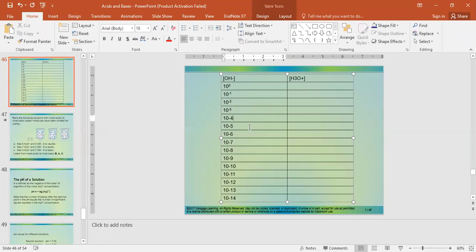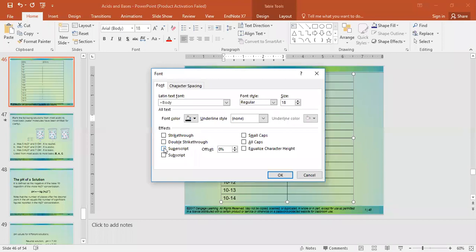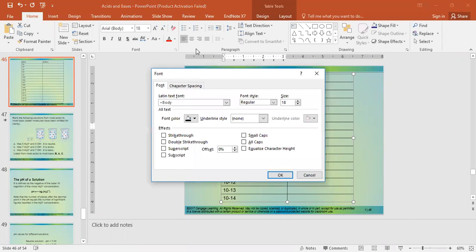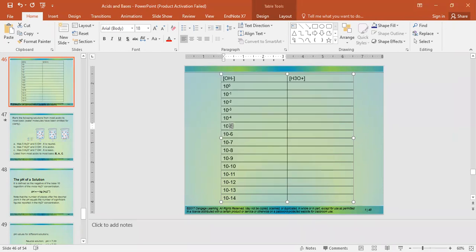You can use format painter. Format painter to apply the superscript to all powers. How do I do that? You highlight the power first, then go to format painter on the home tab, under the home tab, where we have copy paste. On the ribbon.